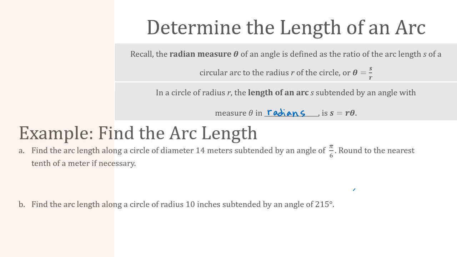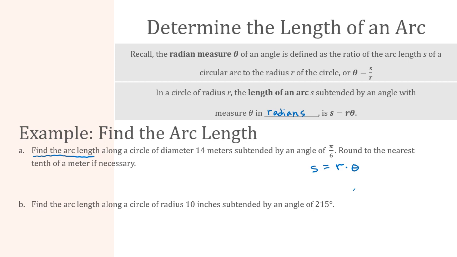Part A. Find the arc length along a circle of diameter 14 meters subtended by an angle of pi over 6. Round to the nearest tenth of a meter if necessary. All right, let's see what we want to find. We want to find the arc length. So the arc length formula is S equals r times theta.